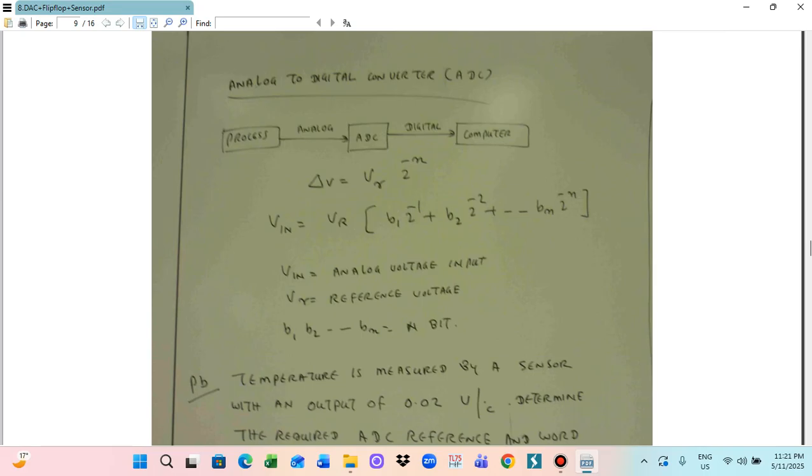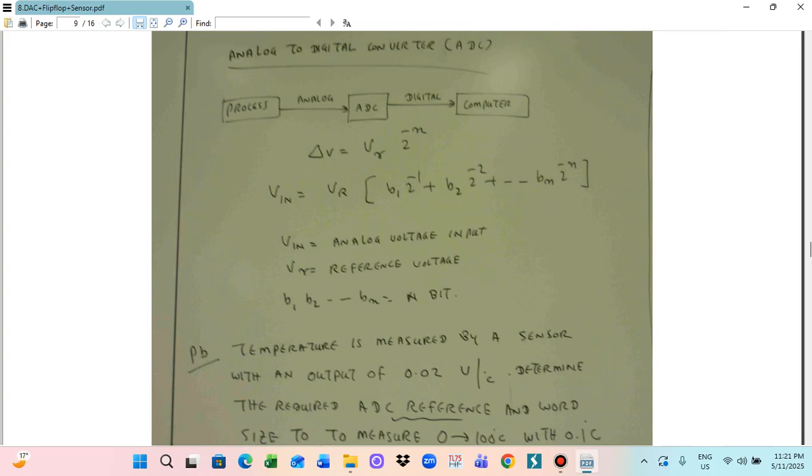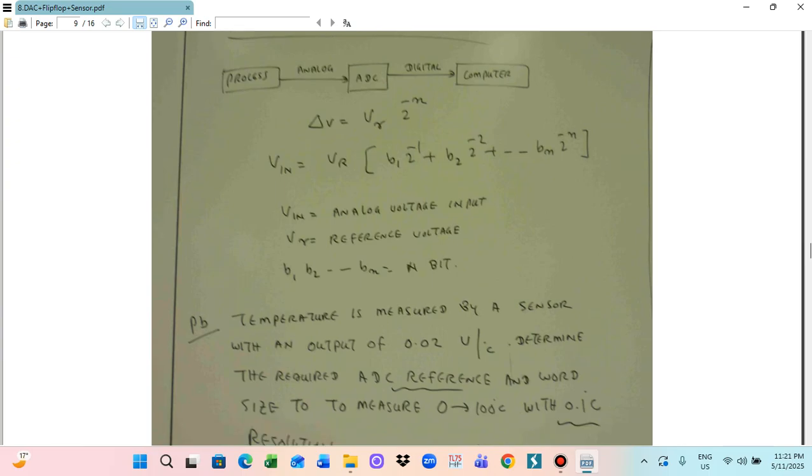We pass it through the analog to digital converter, and the digital output comes out and is provided to the computer. The equation to calculate for the analog to digital converter is delta V equal to VR multiplied by 2 power minus n. So Vn equal to VR multiplied by V1 2 power minus 1 plus V2 2 power minus 2 up to Vn 2 power minus n. This is the data bit and the V in, V out relationship. VA is the analog voltage and VR is the reference voltage.